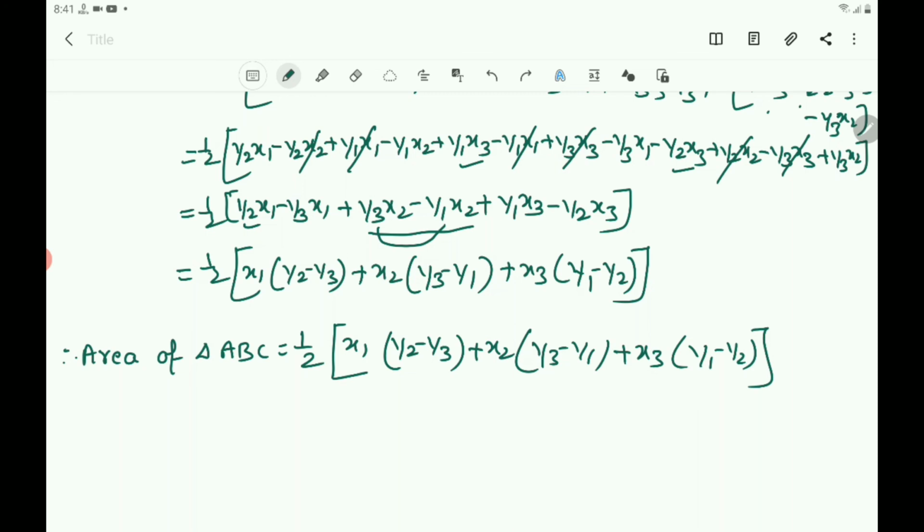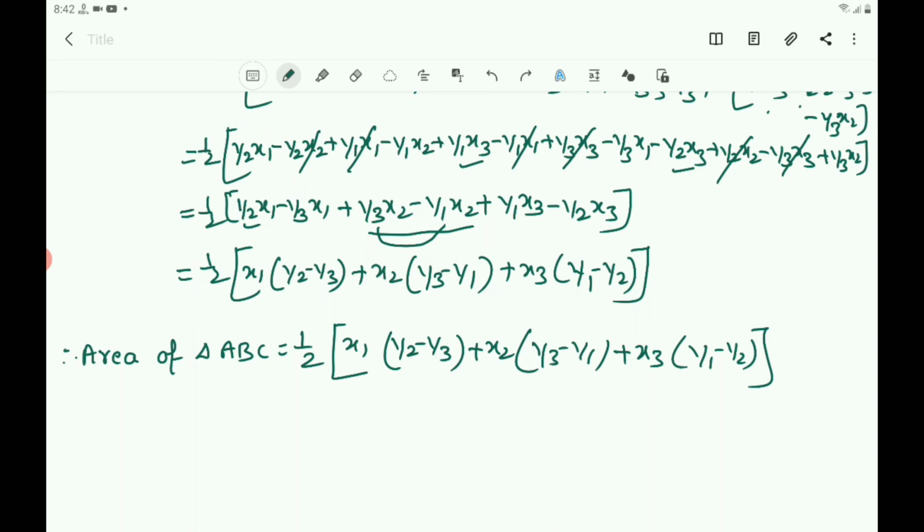If the coordinates of the three vertices of the triangle are given, then the area of the triangle equals half into x1 into (y2 minus y3) plus x2 into (y3 minus y1) plus x3 into (y1 minus y2).